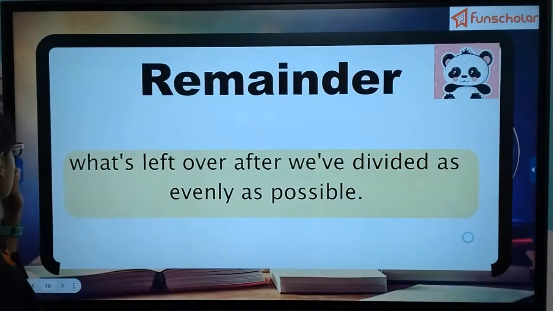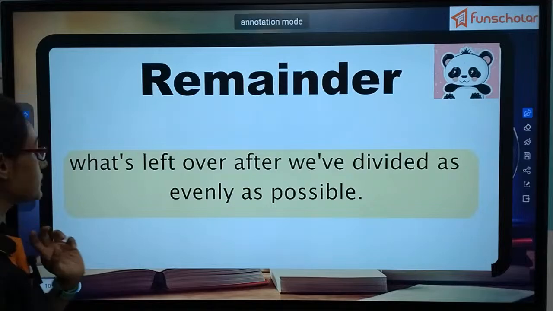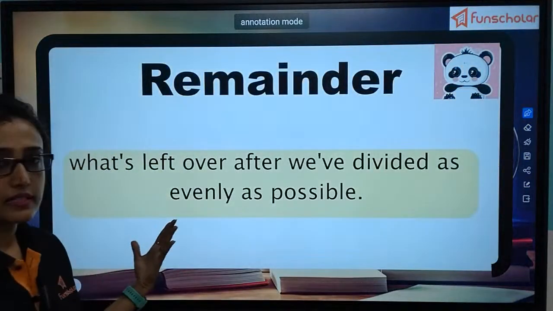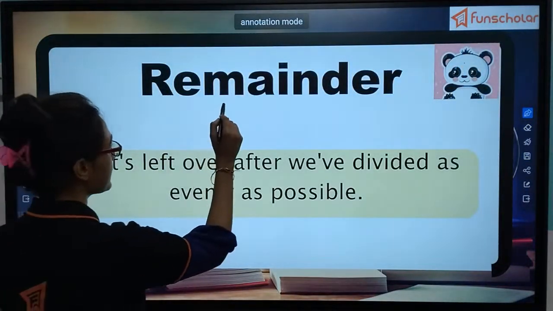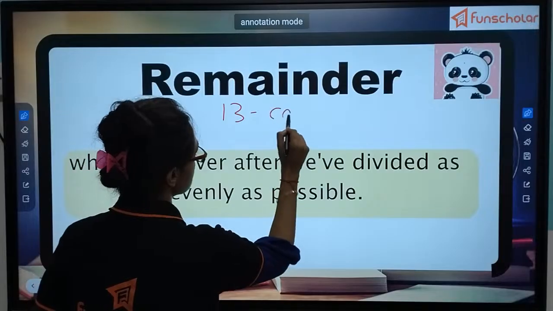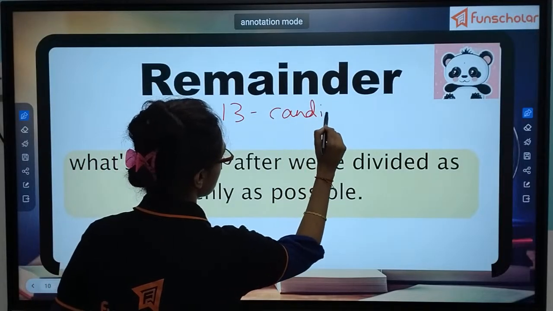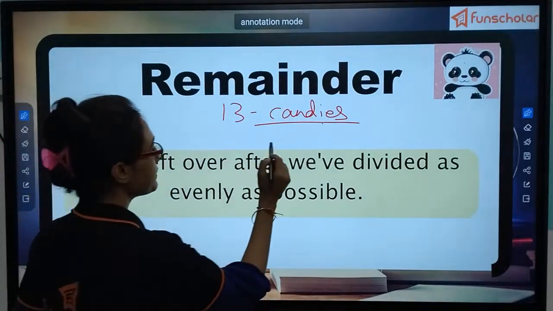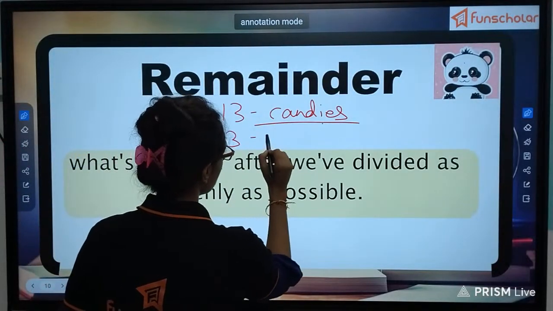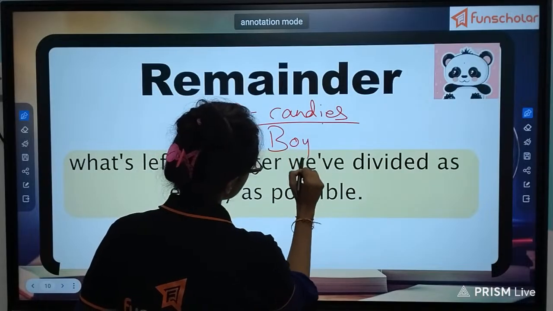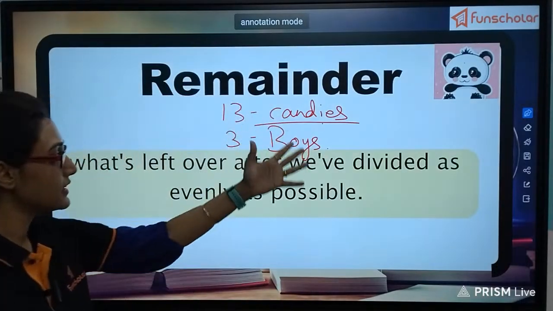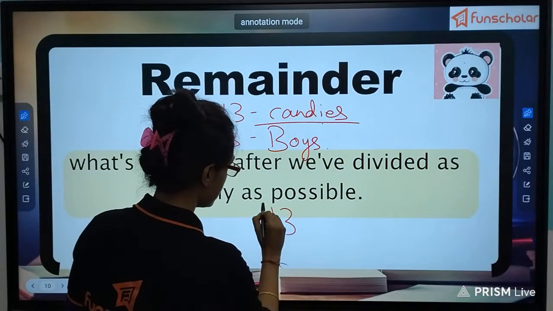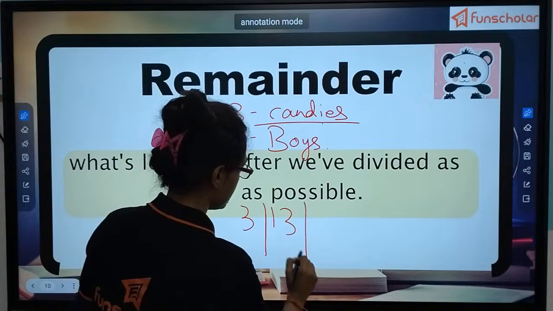Now remainder. Every number is not divisible fully. In some cases, suppose instead of 12, I have taken 13 candies. Okay. So how many people are there? There are 3 boys. I have to divide 13 candies among 3 boys. So how will you divide? 13 divided by 3.